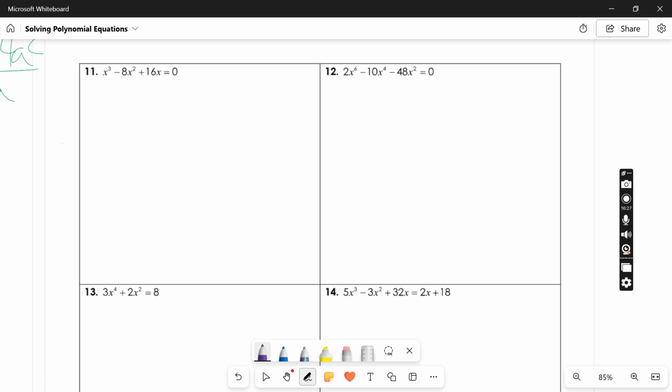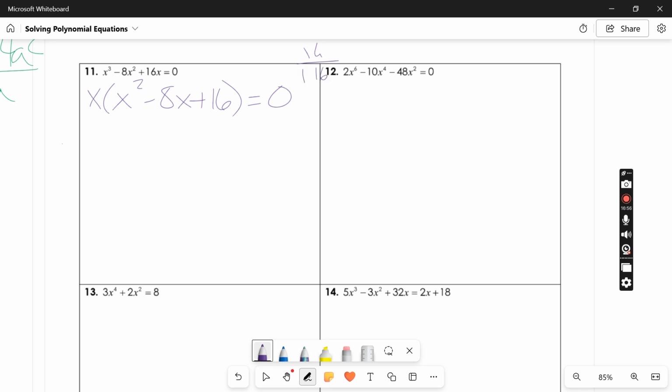They have a GCF. They all have an x in common. So I'm going to write an x out front first. So this would be x squared minus 8x plus 16 equals 0. Okay, factors of 16 that add up to -8.